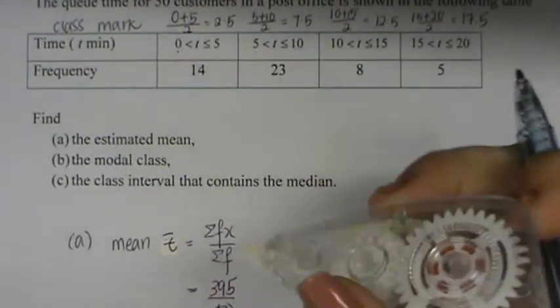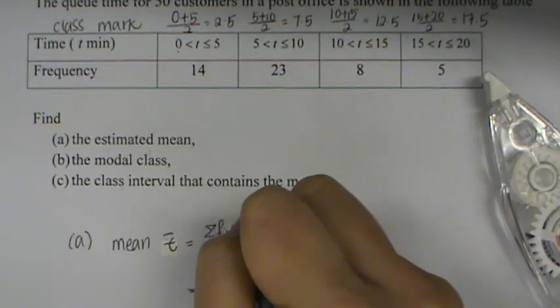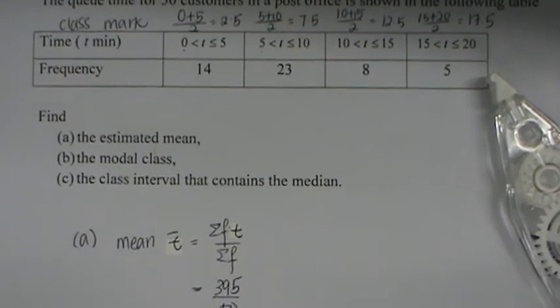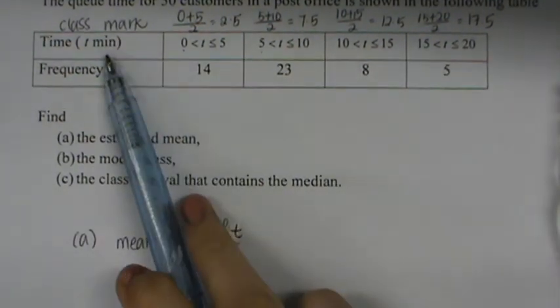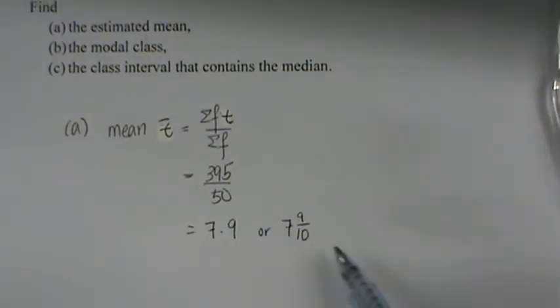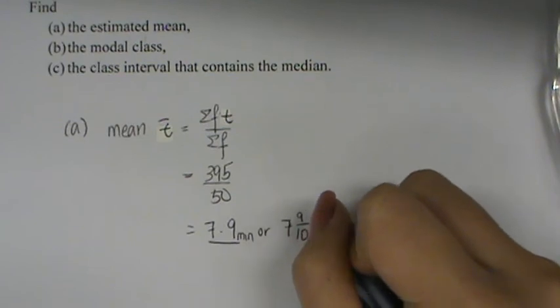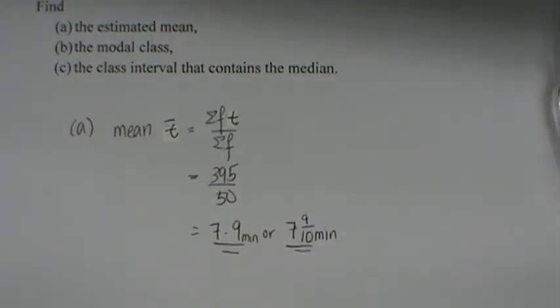And this will also be summation ft, because in our data there is no X value but T values. And since the unit is time, we can take both the answers. So I can have 7.9 minutes, or this. Okay, and that will be your answer.